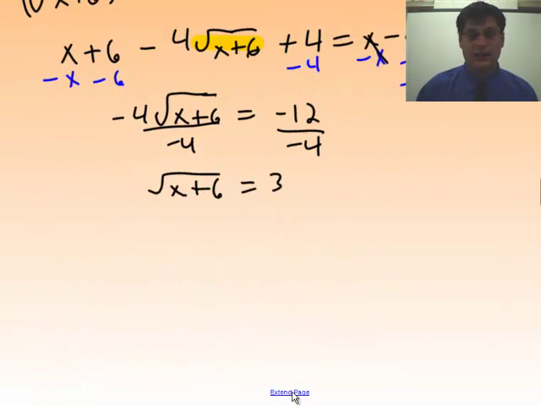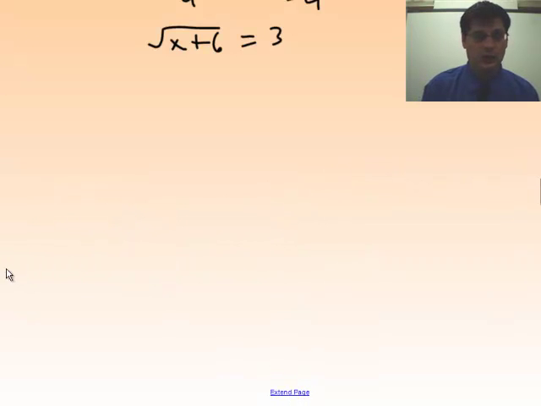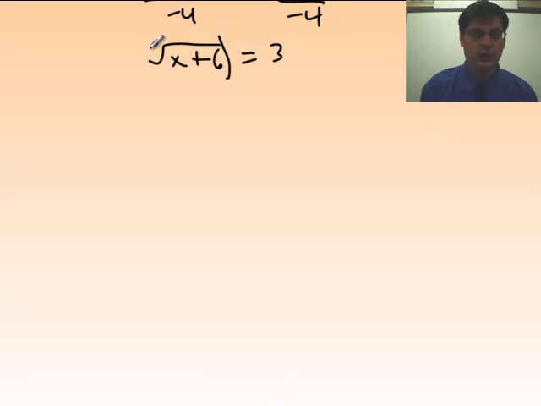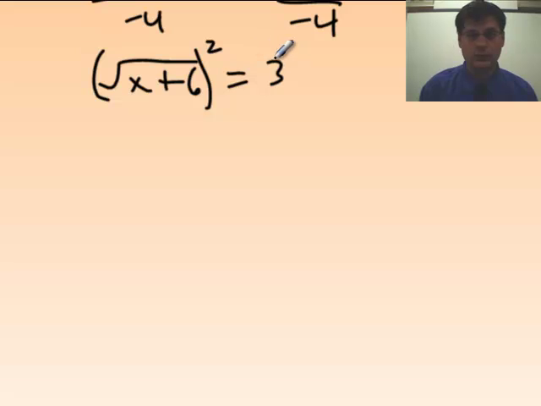Now that I've isolated the square root, I'll go ahead and square both sides once again. So one more time, we're squaring. That's going to give me x plus 6, which equals 3 squared, or 9.